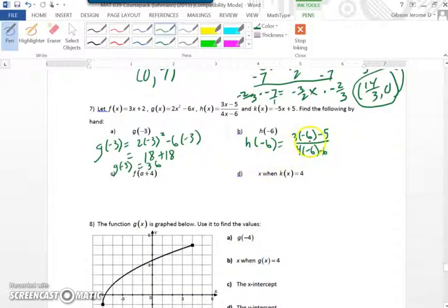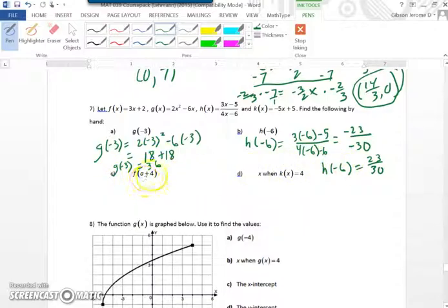Now, 3 times negative 6 we know is negative 18. And negative 18 minus 5 is negative 23. 4 times negative 6 is negative 24. Minus 6 is negative 30. Now we know negative times a negative is positive. So we have h of negative 6 is equal to 23 over 30 because they have nothing else in common.